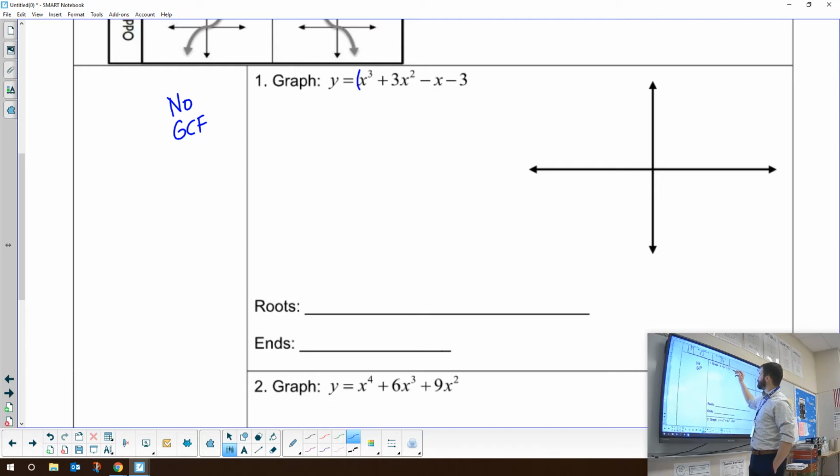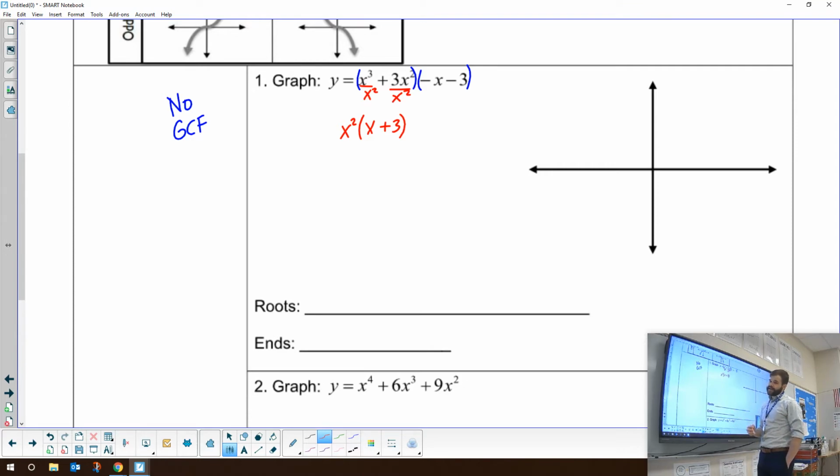Grouping, we're going to group the first two together, the last two together. So if I group the first two together, these two have an x squared in common. So I can pull out an x squared. I'm going to get x squared times x plus 3. Then we have negative x minus 3. So what do these two have in common? Well, nothing really, except my first one is negative.